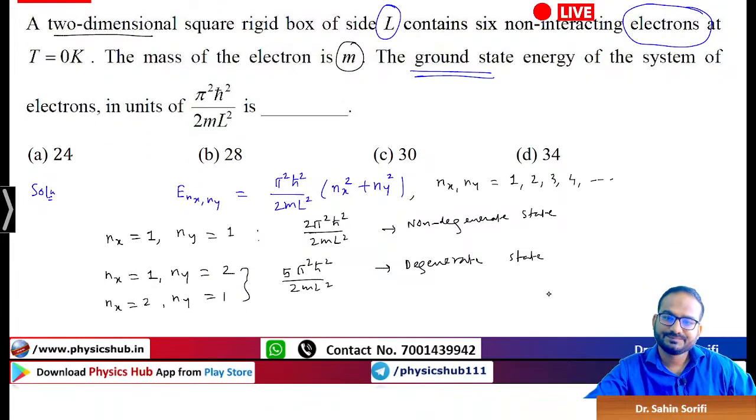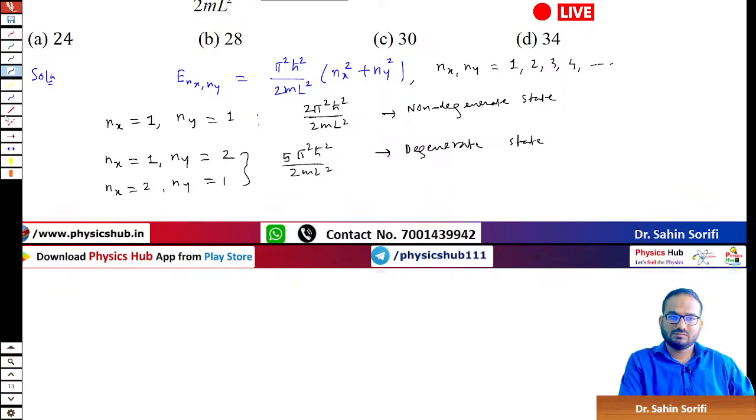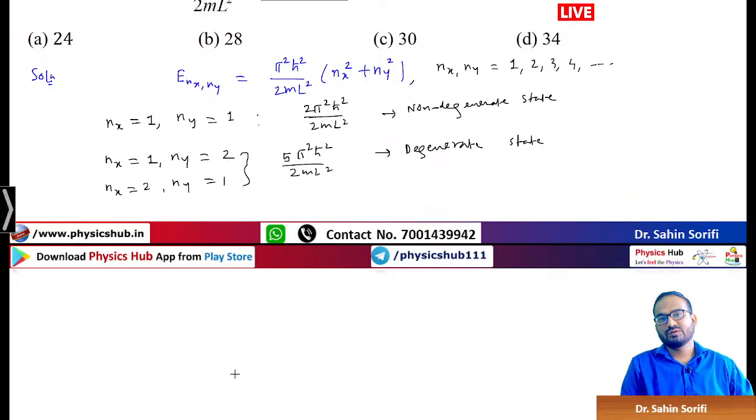Degenerate state means same energy eigenvalue but different eigenfunctions. So nx equals 1, ny equals 1 has only one level. But here you see the next states are nx equals 1, ny equals 2, and another one is nx equals 2, ny equals 1.